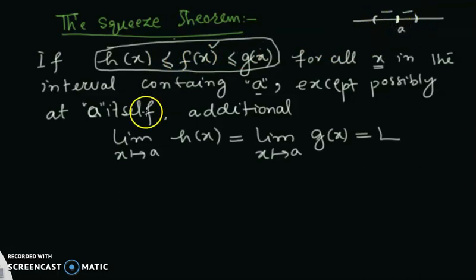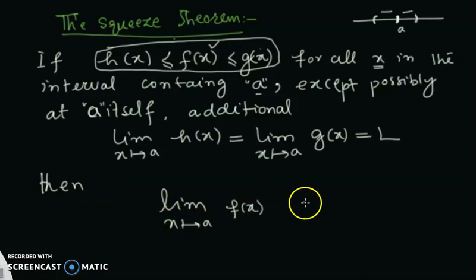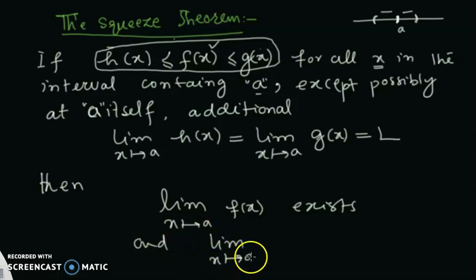If that's happening, and additionally the limits of h and g are the same, then we have a conclusion: the limit as x goes to A of f of x also exists, and its value is the same as the limit of the functions h and g.